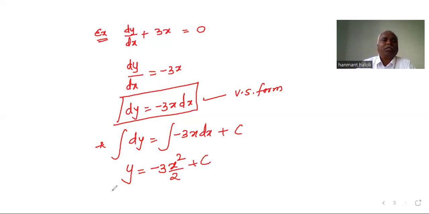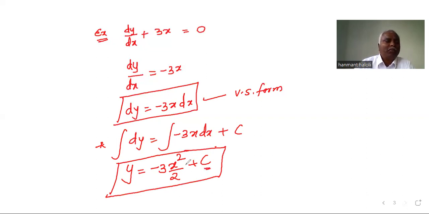And this is the solution for the given ordinary differential equation. Why is this called a solution? It contains only one arbitrary constant and a relation between x and y. This is called the solution of the ordinary differential equation. Like that we can solve so many ordinary differential equations.